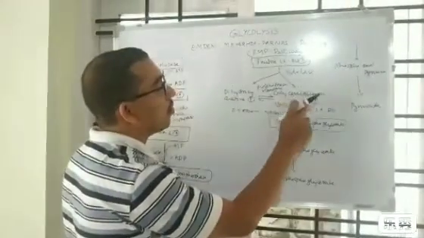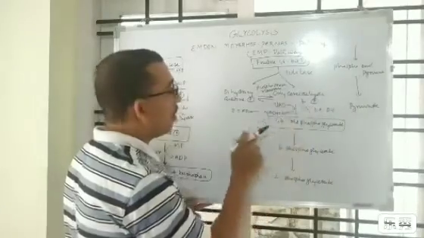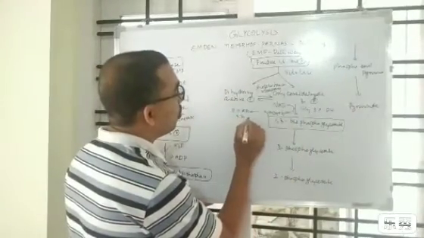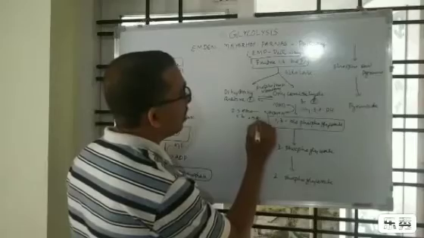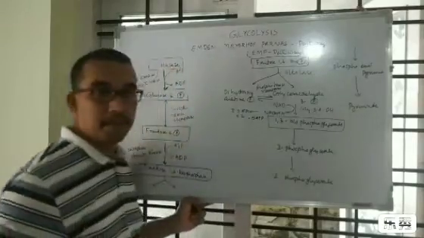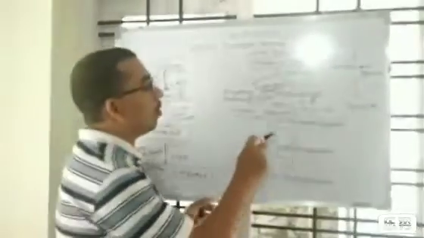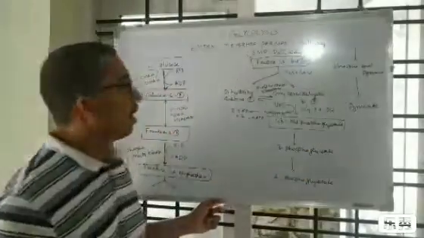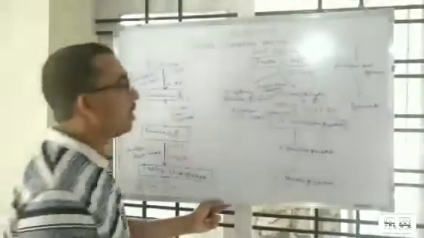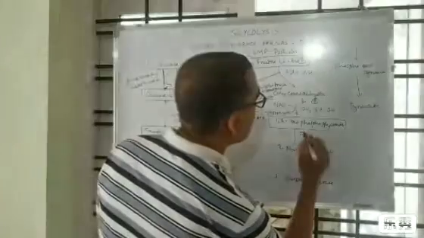Here 2 molecules of glyceraldehyde 3-phosphate are there, so 2.5 into 2, totally 5 ATPs are produced. Then 1,3-bisphosphoglycerate is converted into 3-phosphoglycerate by the enzyme phosphoglycerate kinase.